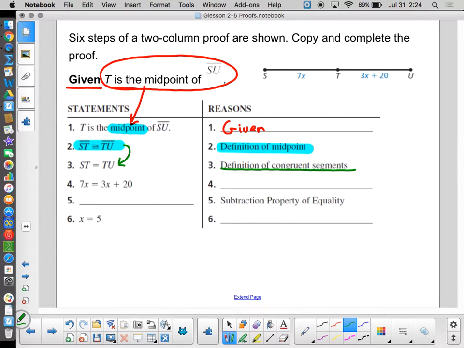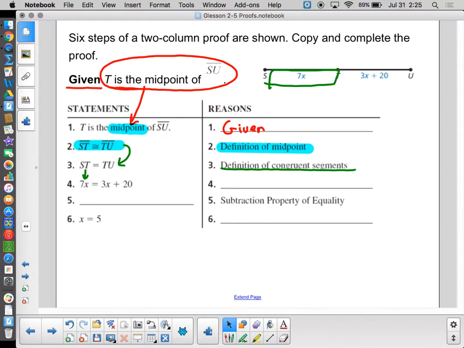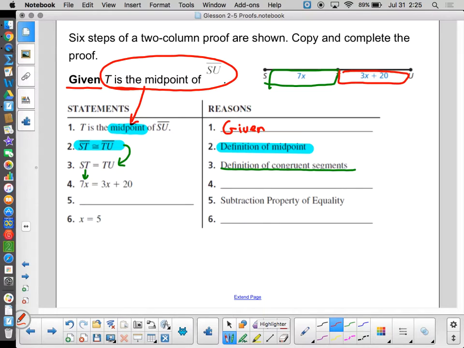Next thing we did is said, okay, ST equals TU, the measure of ST equals the measure of TU, but what do we know? ST here is 7x, and TU is 3x plus 20. So we change the ST into a 7x because they have the same value.